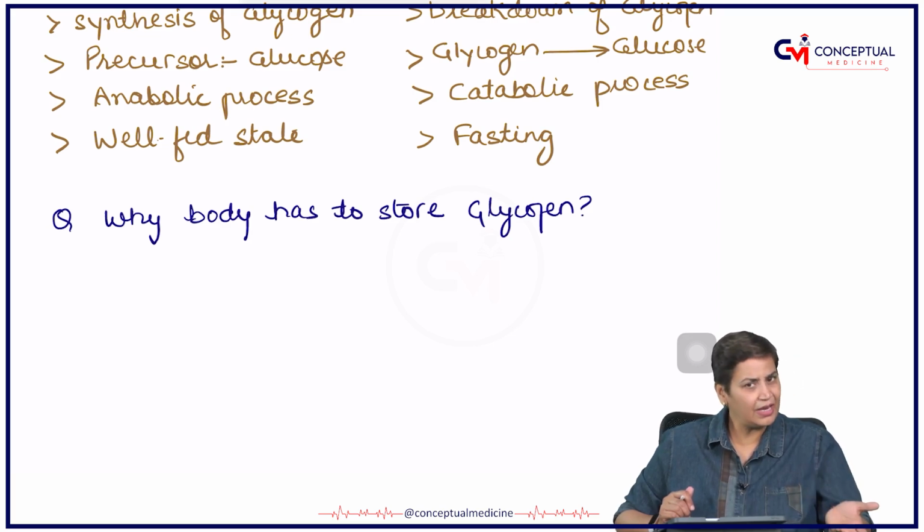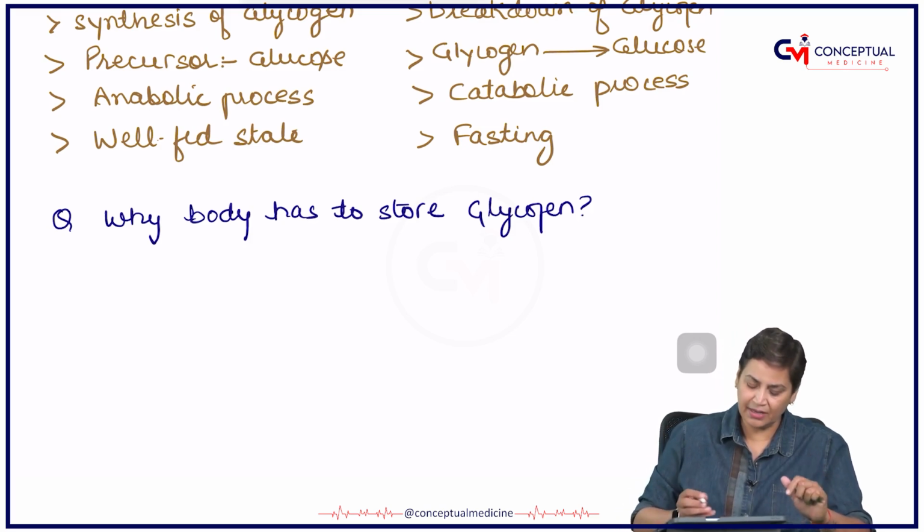Glycogen can be broken down whenever anaerobic condition is there, or in the absence of oxygen, and that is what is happening in the muscle also. Another key thing: in the muscle, glycogenolysis will never contribute to blood glucose directly because of the absence of the glucose 6-phosphatase enzyme. But yes, the most important point is that glycogen can be easily broken down without requiring oxygen. This is the first very important thing.